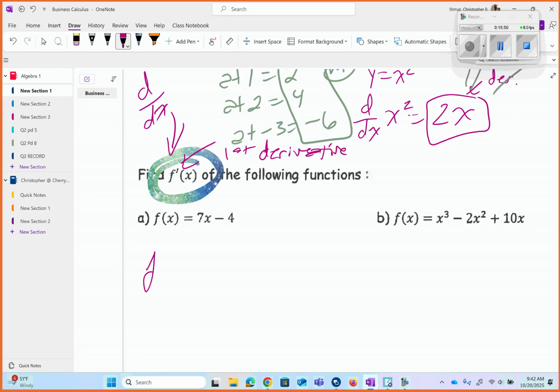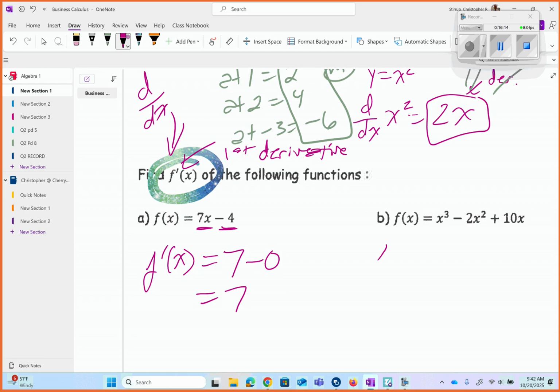Okay, so if I wanted to find f prime, so we can get rid of d over dx and just do the derivative. So if I want to do the derivative of this, derivative of 7x is what? 7. Derivative of negative 4 is? So 7 minus 0. So the derivative of this is just 7.